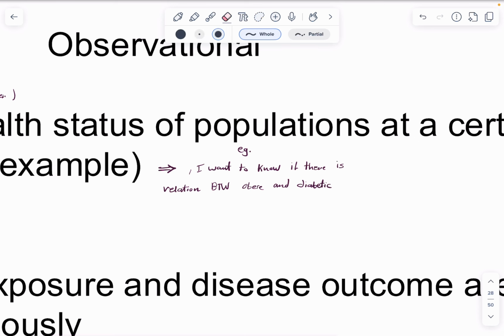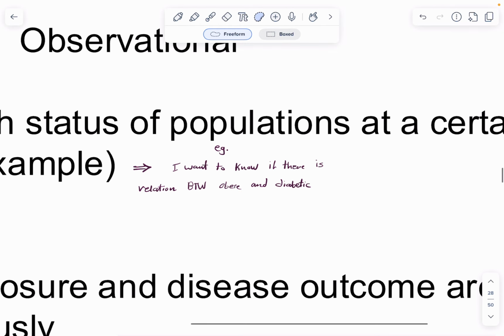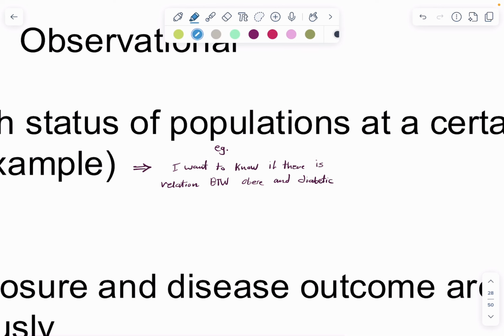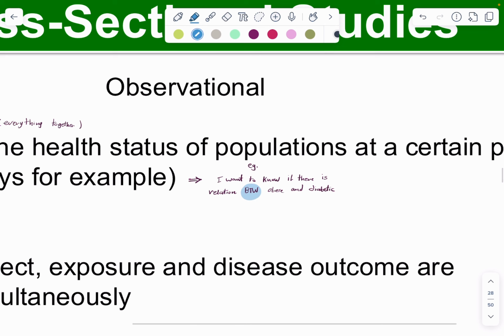If more obese people, for example, have diabetes as compared to the lean people, the non-obese people, then I can say that there could be some association. Even though I'm not sure, but there could be. You got my point? Yes.